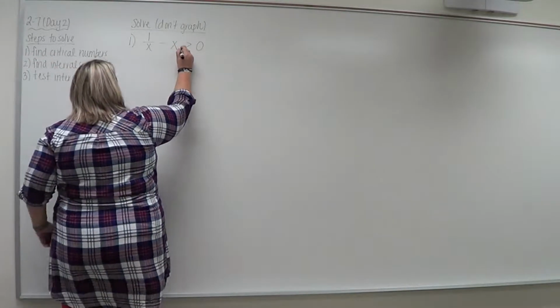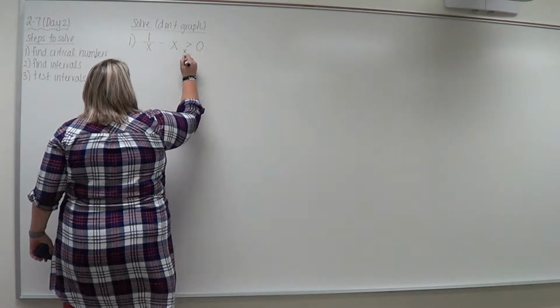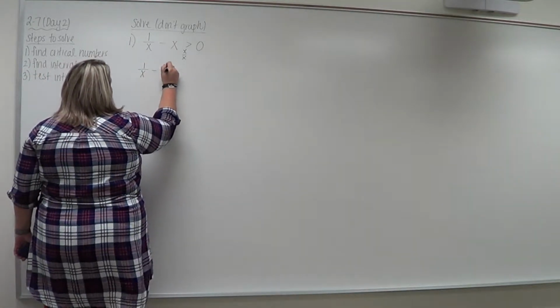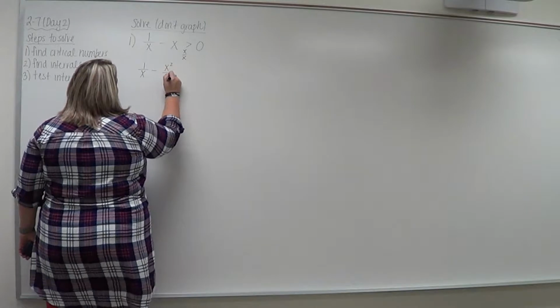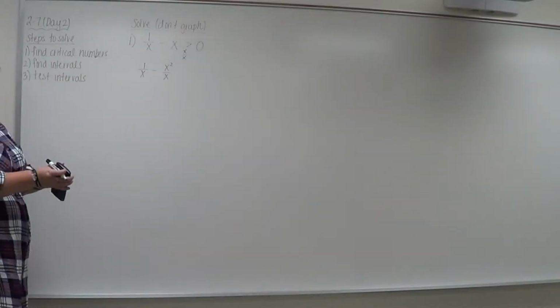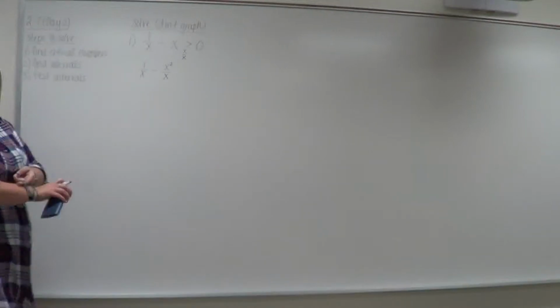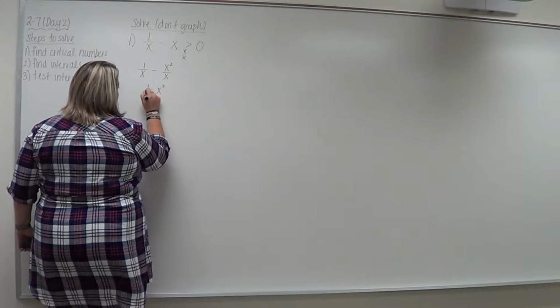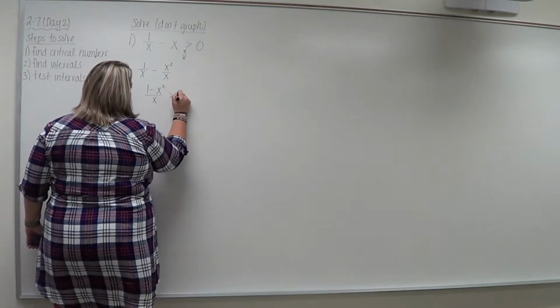So we're going to multiply this one by x over x. Then I have 1 over x minus x squared over x, and then I can make that one fraction. So this would be 1 minus x squared over x greater than 0.